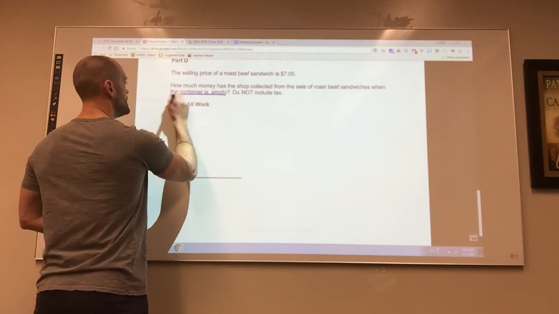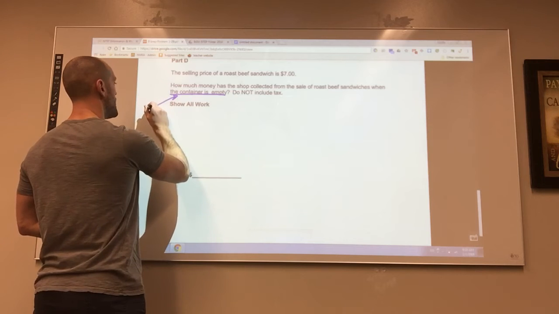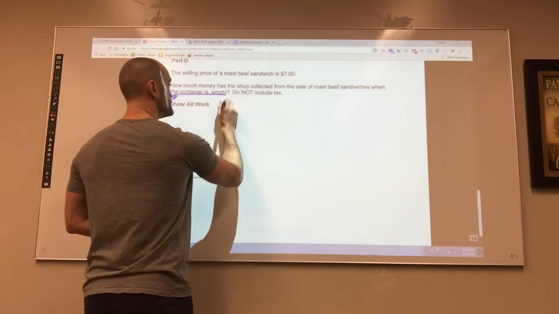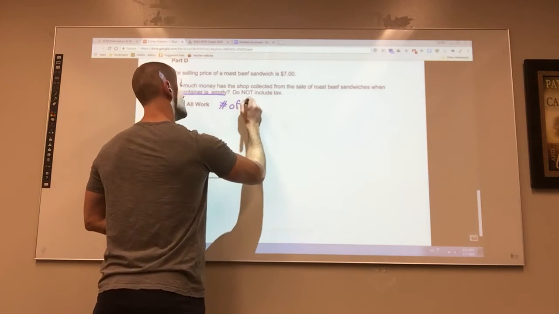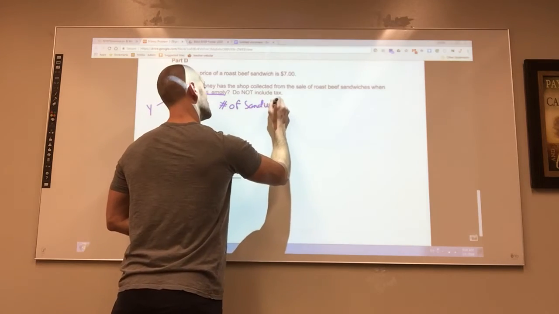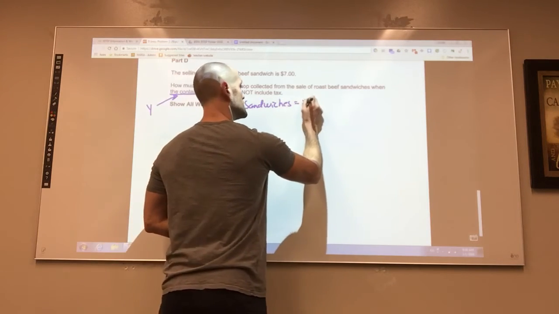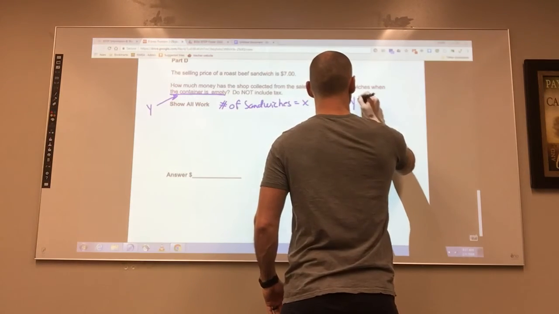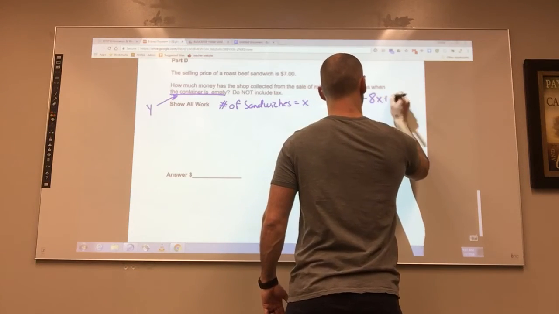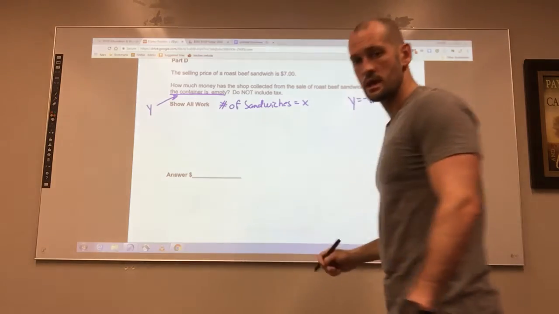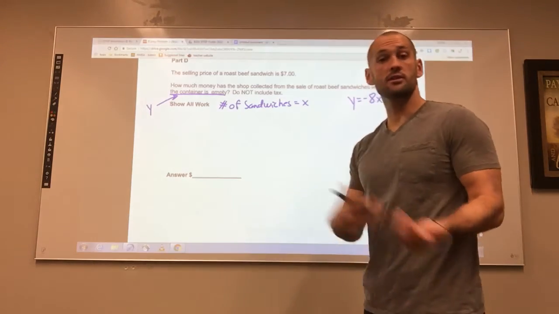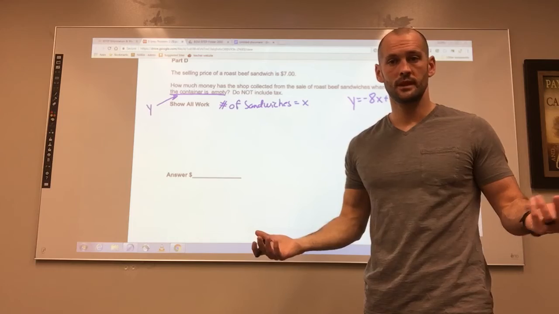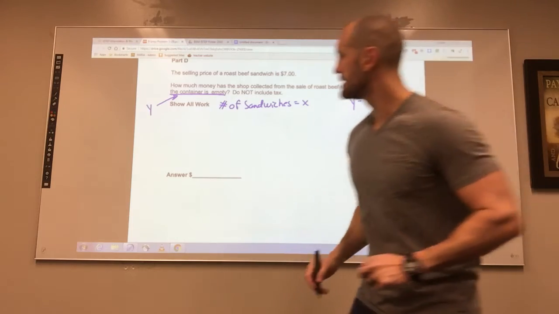Now keep in mind, the container was represented by y, and the number of sandwiches was x, right? This is what we need to know when we approach our function again. Because how many sandwiches can I make with a container? This is where we use our function.